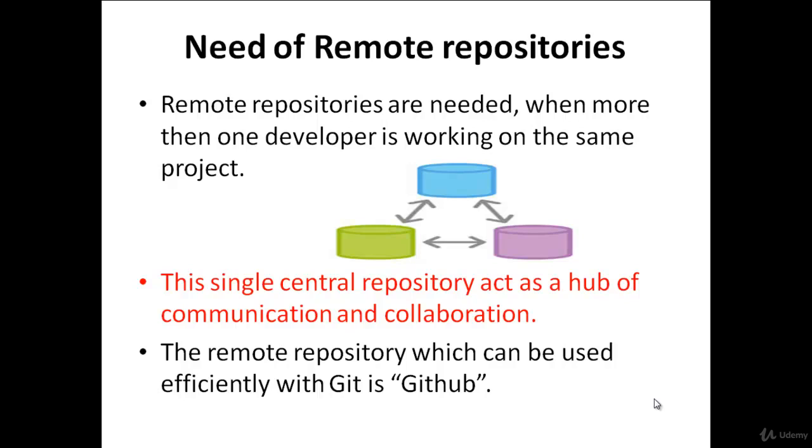In a public account, the only drawback is that whatever code you upload, whatever you push into the remote repository, that code will be seen by other people as well. Other people can go to your repository and take a look at the code that you have posted onto your repository, right? But private repositories are generally used between companies.